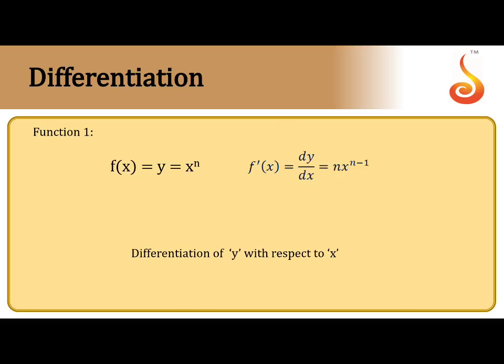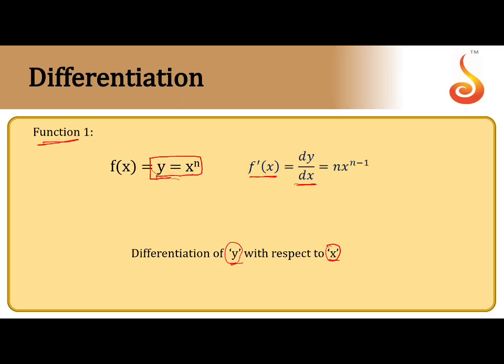Now let us see what this differentiation is. How do I differentiate when the function of x or y is of a different form? So the first function: y is equal to x power n. When y is depending on x, according to this equation, how do I differentiate y with respect to x? When I differentiate y with respect to x, I get f dash of x or dy by dx.